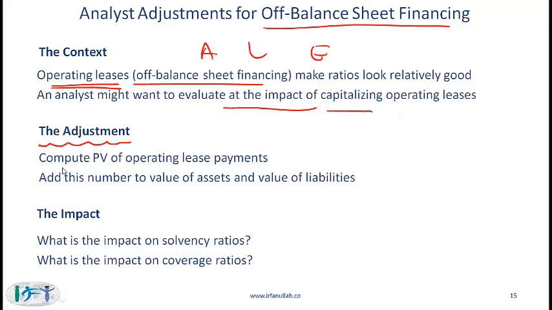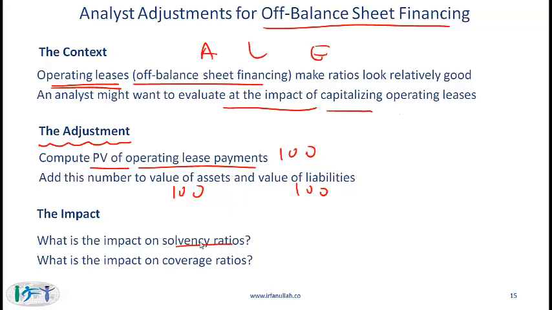The first thing you do is compute the present value of operating lease payments. Let's say the present value of operating lease payments is 100. You then add 100 to the value of assets and 100 to the value of liabilities. This material should sound very familiar because we have done this before. What is the impact of making this adjustment?